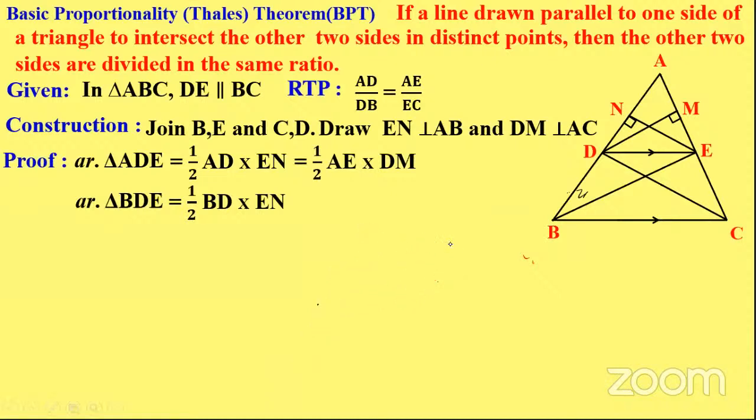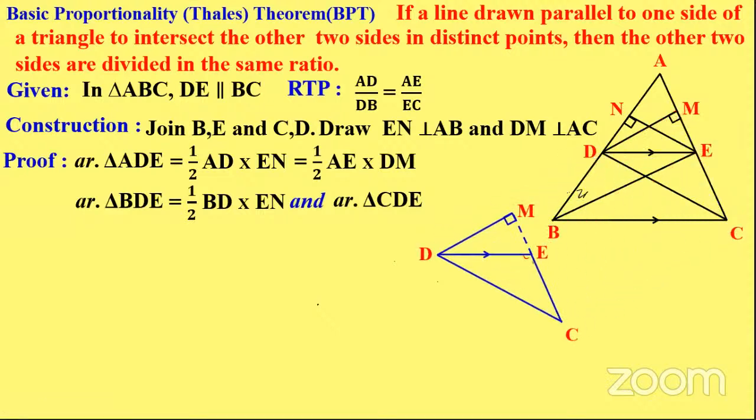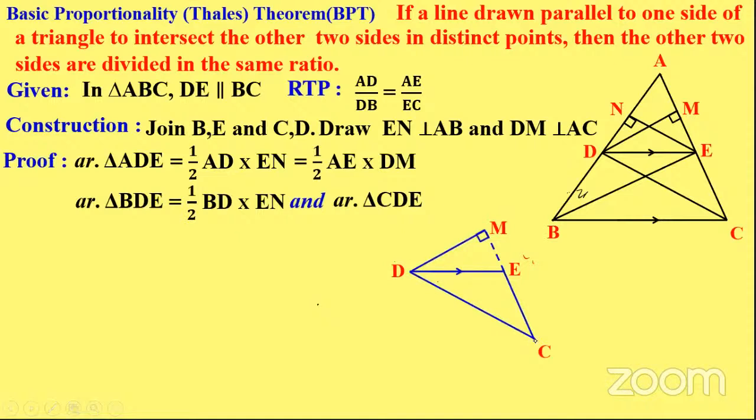Now let us switch over to the area of triangle CDE. This is the triangle CDE. This is the portion ADE triangle, not that. Now I am using this as the base, and this is the obtuse angle.